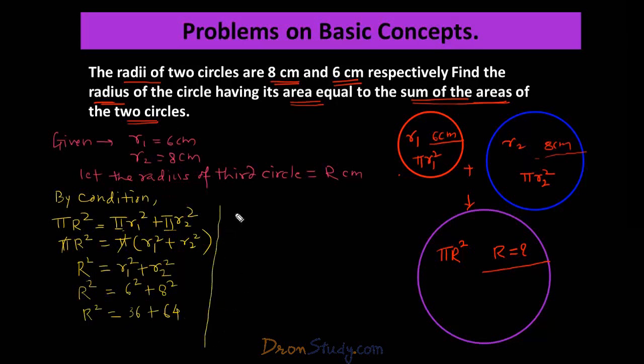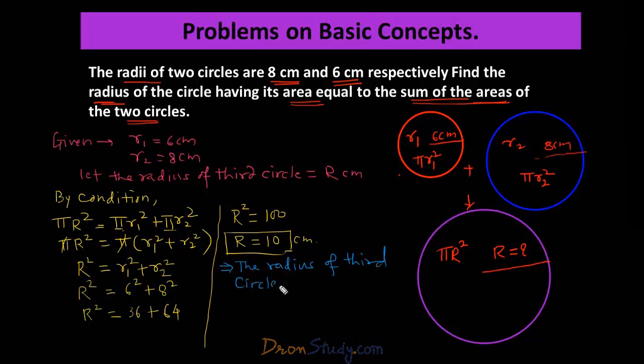So r square is equal to 100, and taking square root of both the sides, we will get r is equal to 10. So radius of the third circle is 10 centimeter. Therefore the radius of third circle is equal to 10 centimeter.